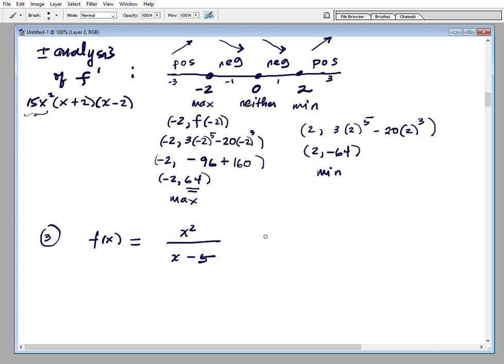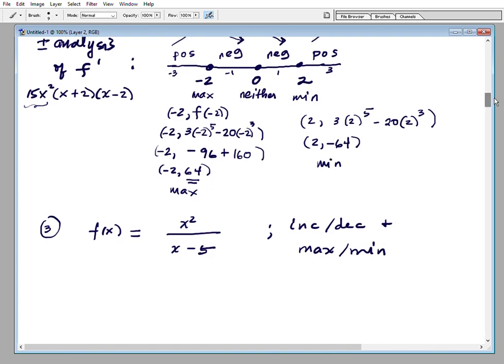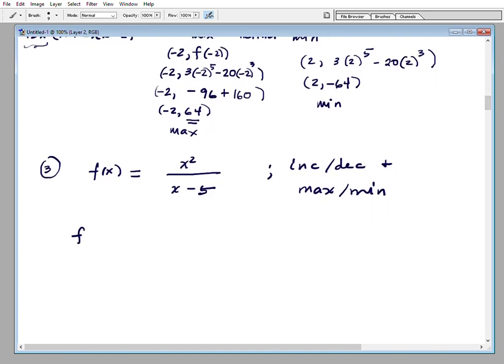Okay, so again, we want increasing, decreasing, and max min. Derivative, we need a quotient rule here. Square the denominator, put the denominator up here.